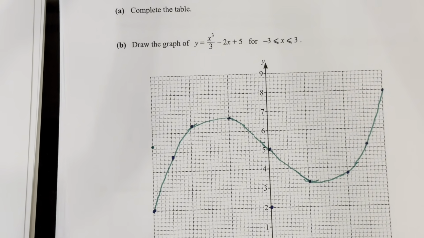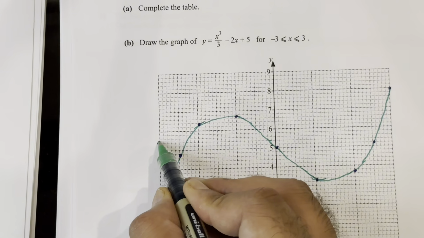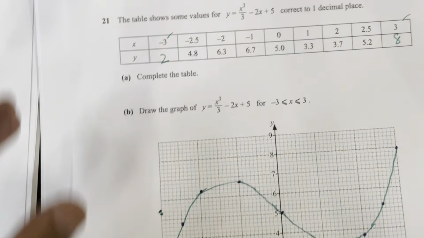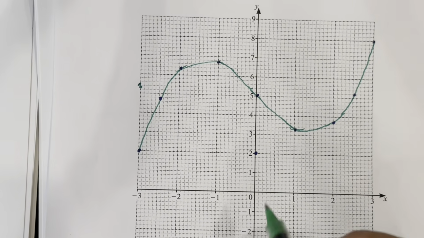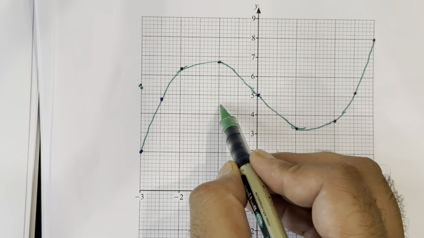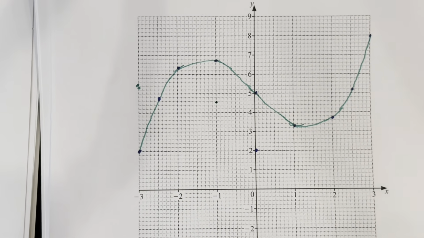It would be over here. Now for the value of minus 1, the answer is 4.5, which is over here between 4 and 5.